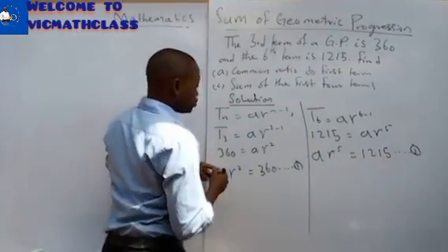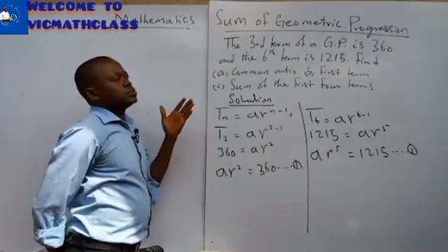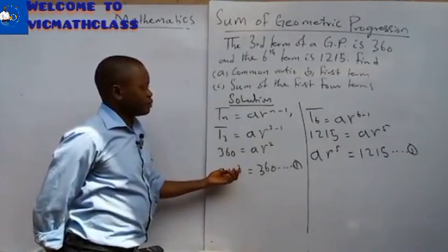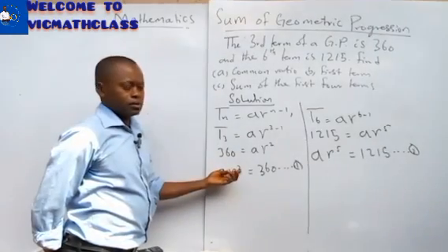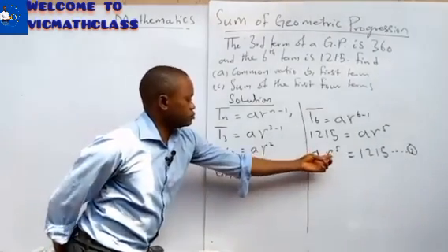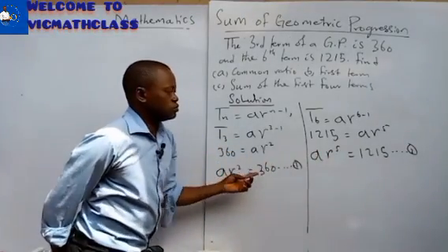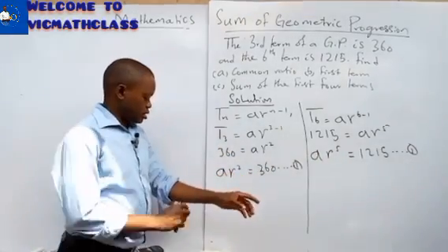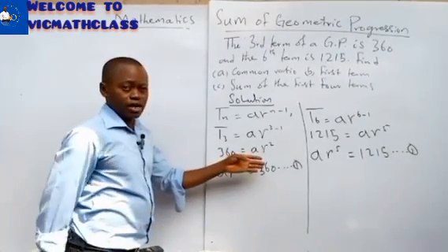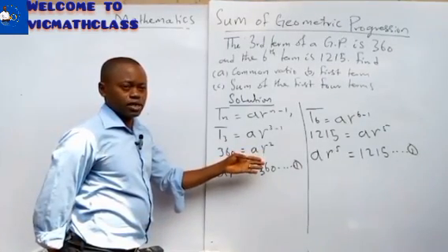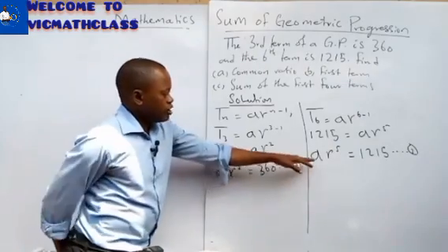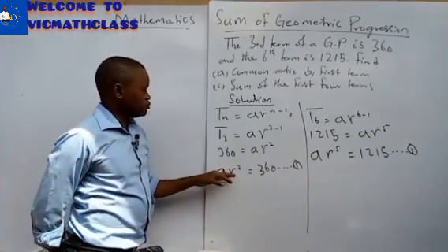Now, because these have powers greater than 2, we cannot solve this like a simultaneous equation. This one has degree 5 and this one has degree 2.